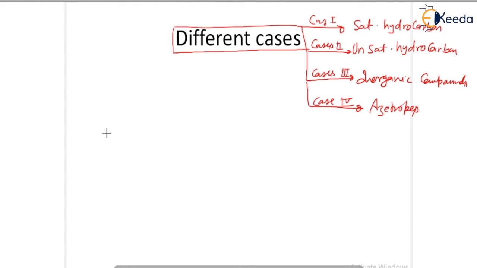So my dear friends, first of all, we're going to write case number one. That means we're going to designate case number one in a technical manner.